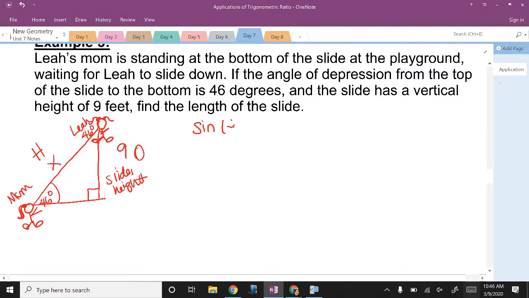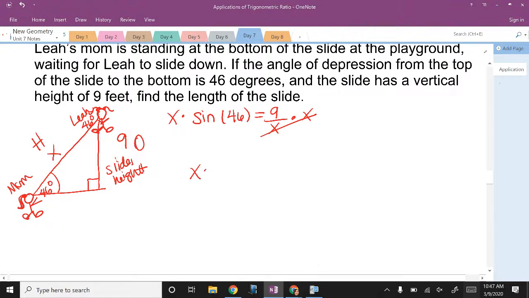Oh, come on, pen. I don't know what this thing is doing. Sine 46 degrees equals opposite over hypotenuse. So 9 over x. So we're trying to find the length of the slide, which is the hypotenuse. So how do I solve that for x? Multiply by x on both sides.